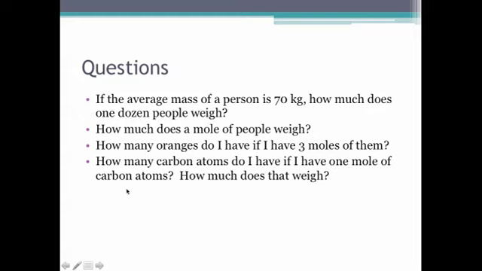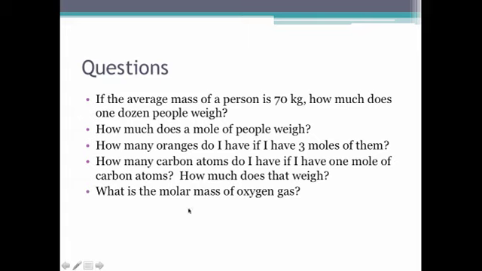You'll find that it's 12 atomic mass units, which means that I've got 12 grams of carbon, because 1 mole of any of those substances expressed in grams for their atomic weight will be in fact that particular mass.